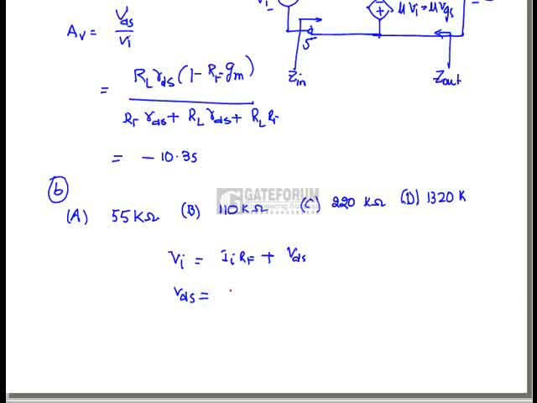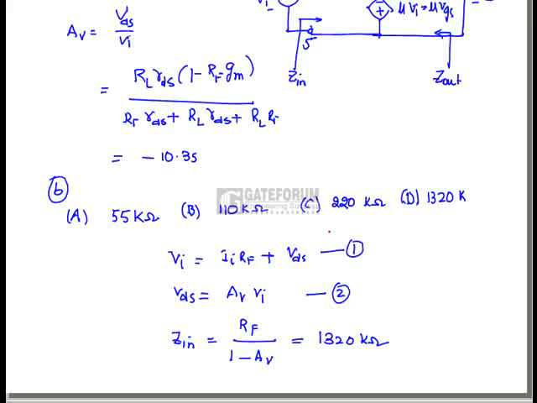VDS equals AV into Vi, which is the voltage gain we calculated in part A. Now if we substitute equation 2 in equation 1, we will get Z in as RF by 1 minus AV. After substituting the data given, we are going to get 1320 kilo ohms, which is option D is true.